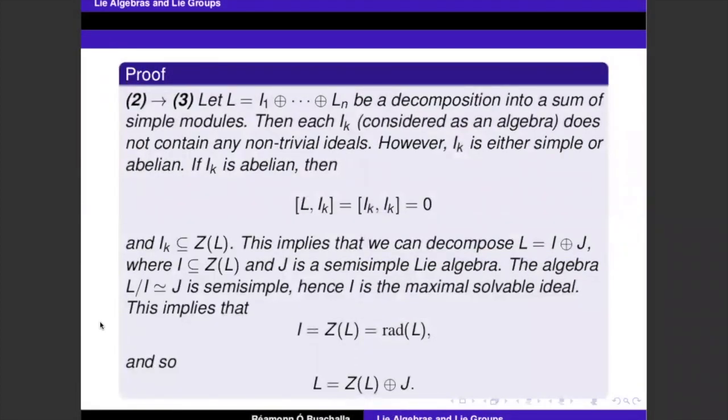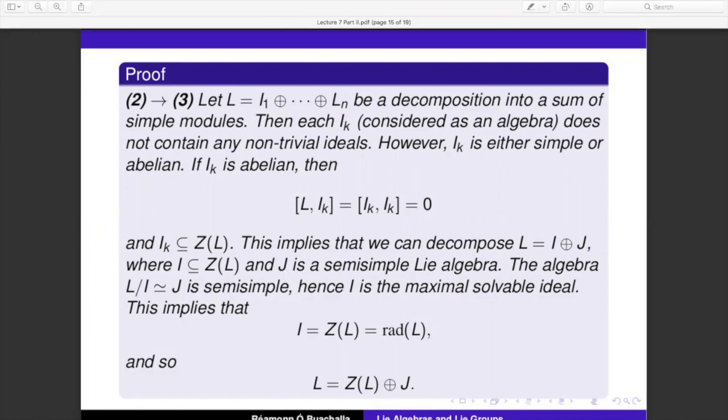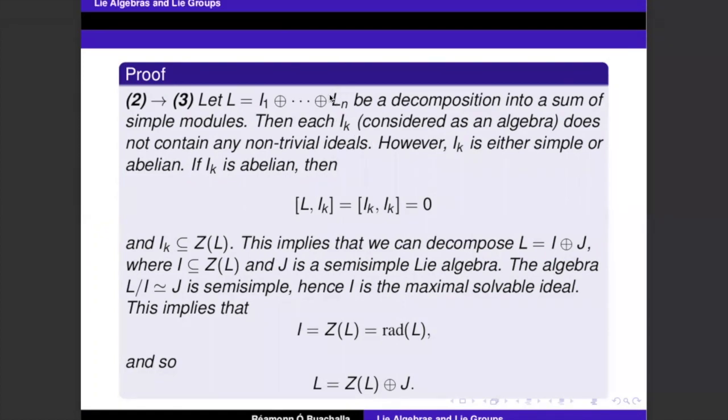Two implying three is a little more difficult, though not that much. So let L be equal to a direct sum of I sub k; this here should be I. Let this be the decomposition into simple modules.